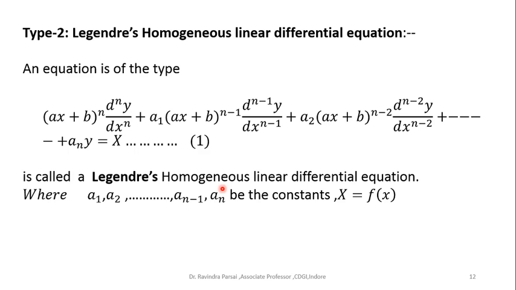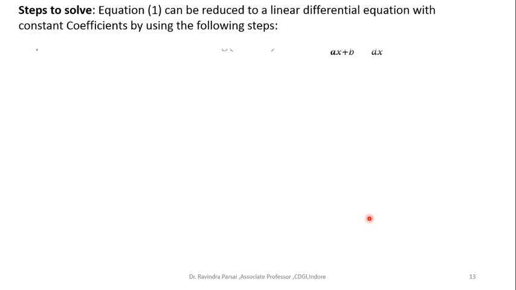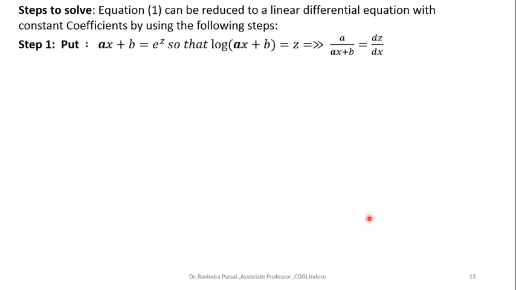So it is called Legendre's homogeneous linear equation, where a1, a2, ..., an are constants and X is a function of x.